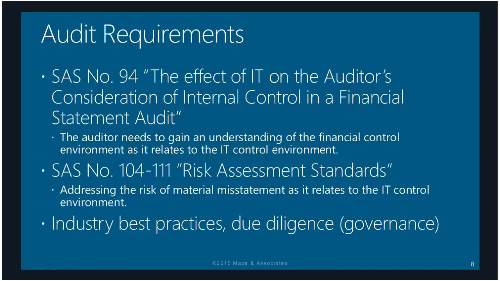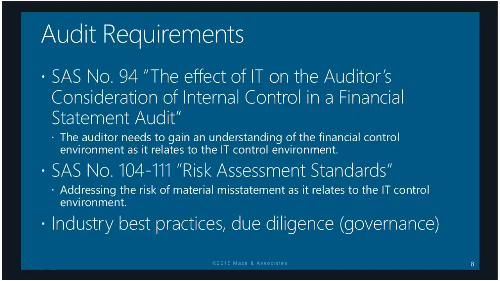And so when we look at the information systems, we need to understand those two control environments to make sure that in either one of those environments, if there is a risk of a material misstatement, we would catch it. Or actually, the client would catch it.